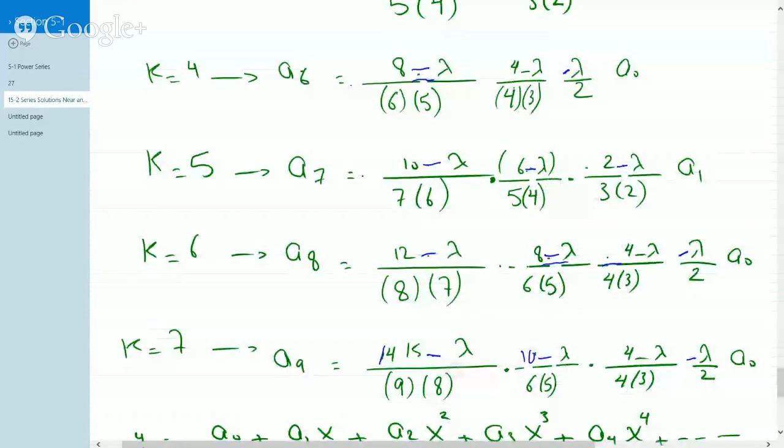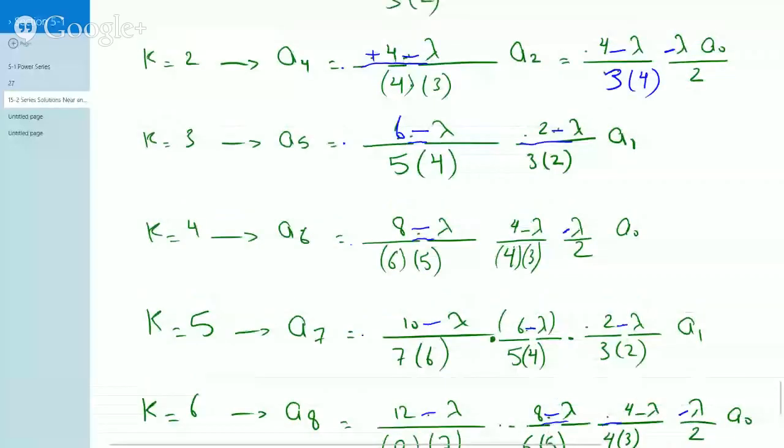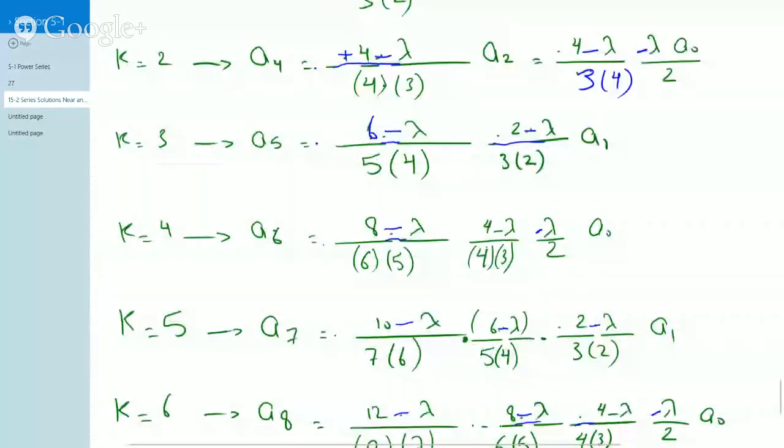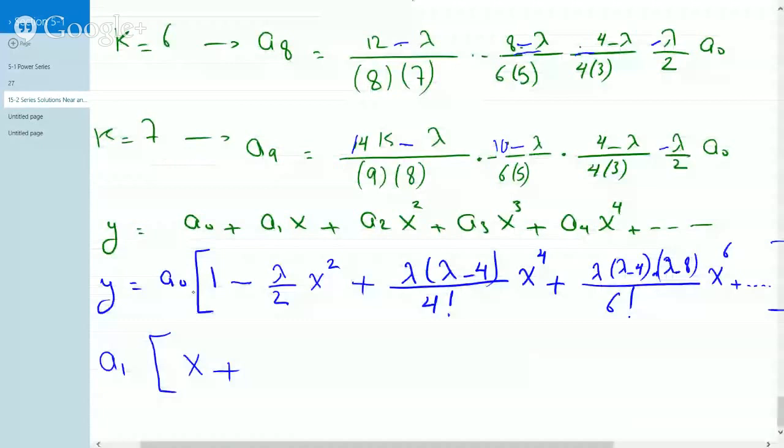So lambda minus 2 over 3 factorial, perfection. Lambda minus 2, over 3 factorial, x cubed.